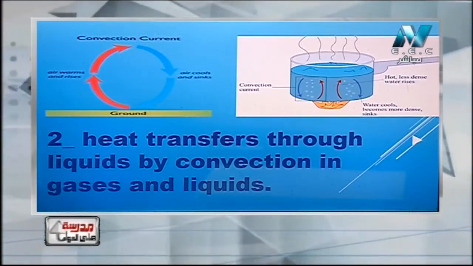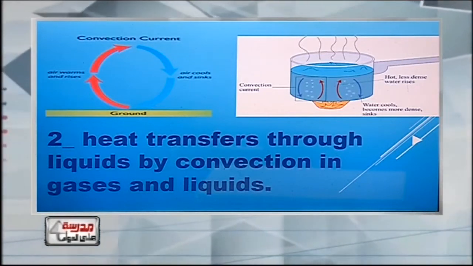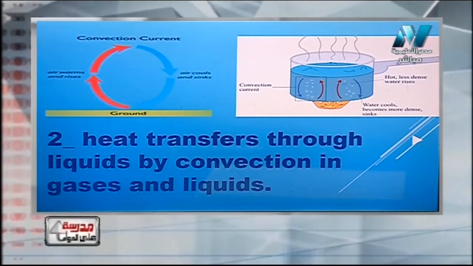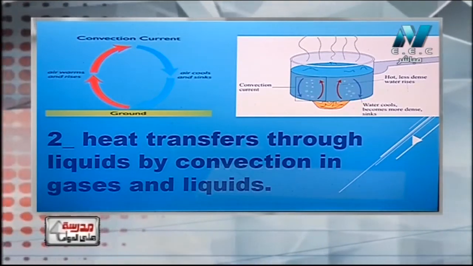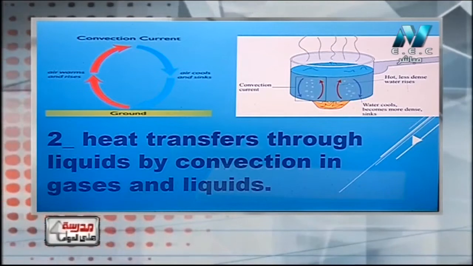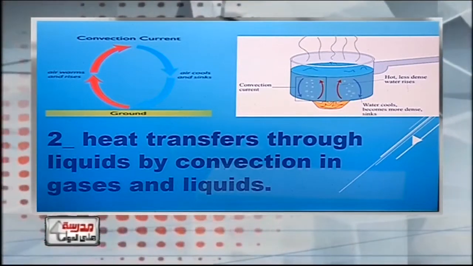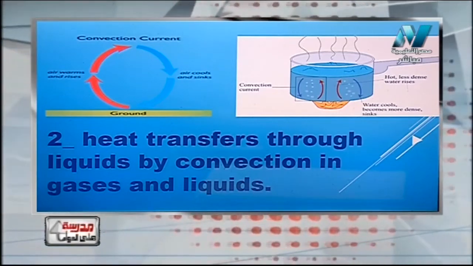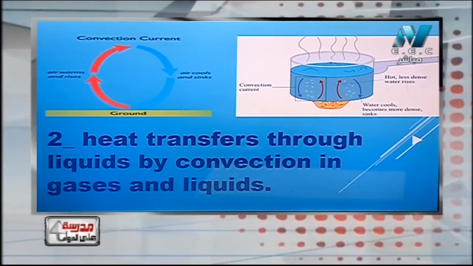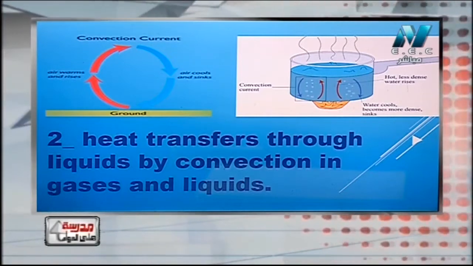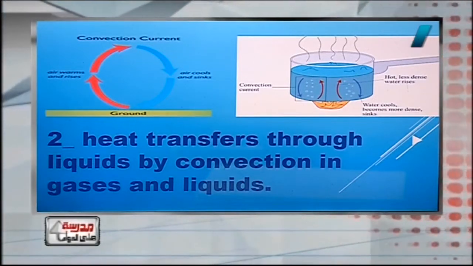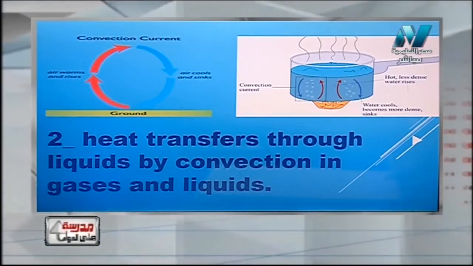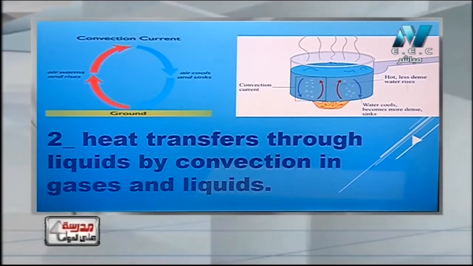And by this way, if you put your finger in boiled water, you feel hot. Why? No conduction of heat through liquids, but by convection. Heat transfers by what? By convection through liquids. So molecules of liquid with higher temperature go up, carrying the energy, carrying the heat, and molecules of lower density that are cold fall down.